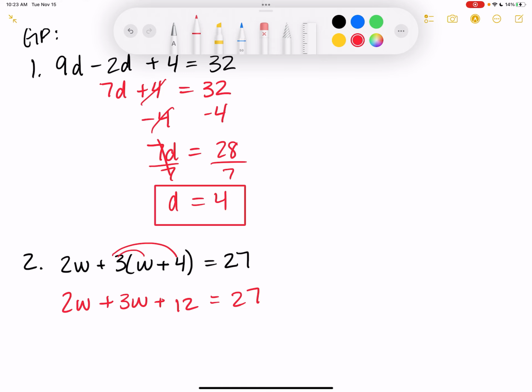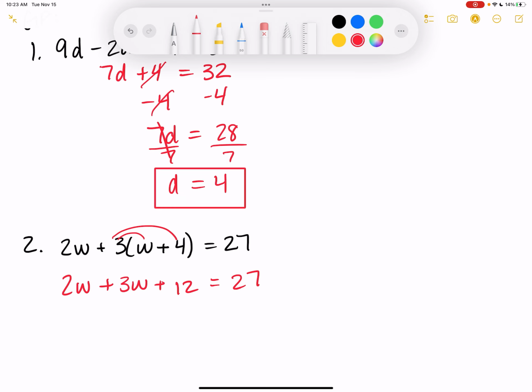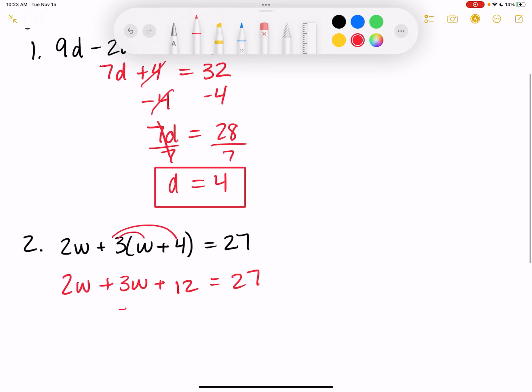So what do I do next? Combine like terms, which gives me 5w plus 12 equals 27. Then what? Subtract 12 on both sides.